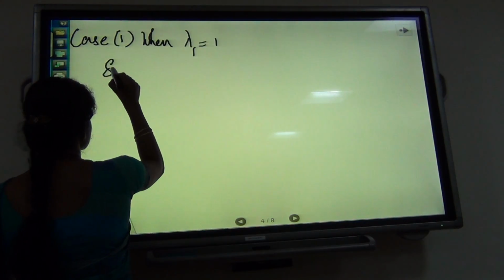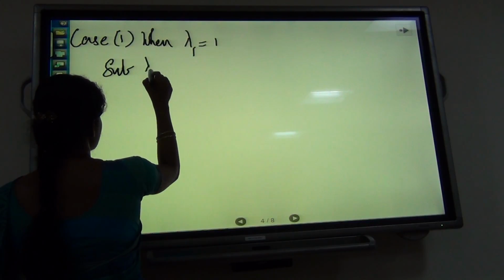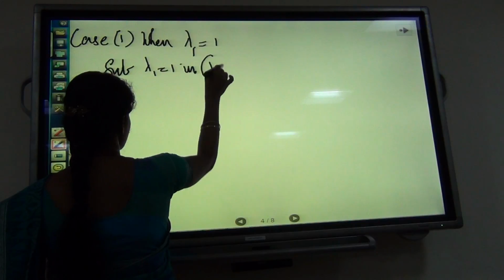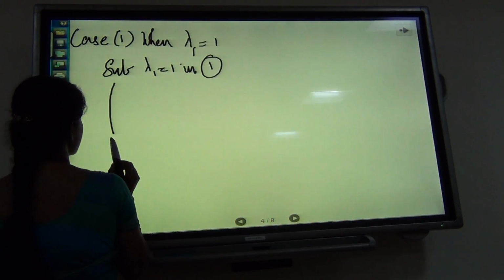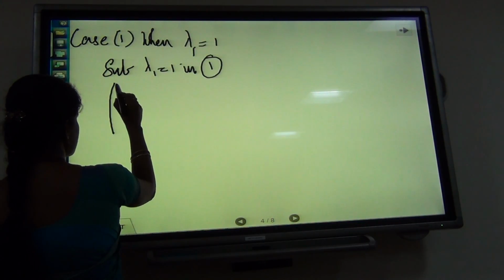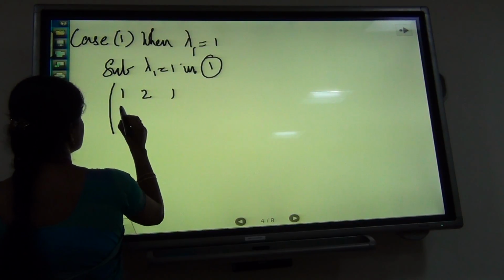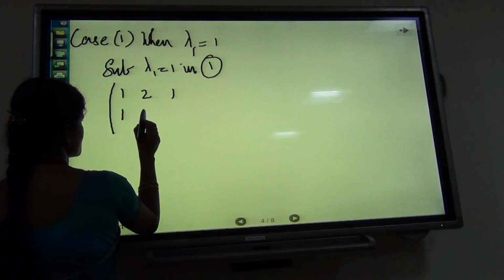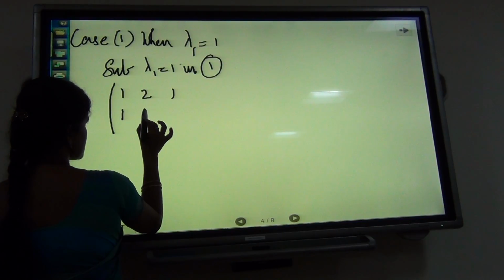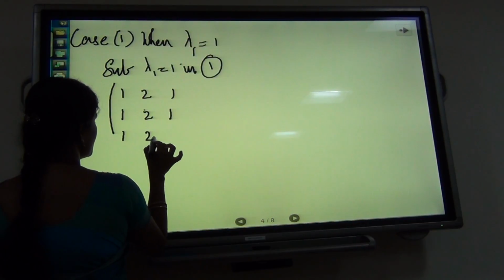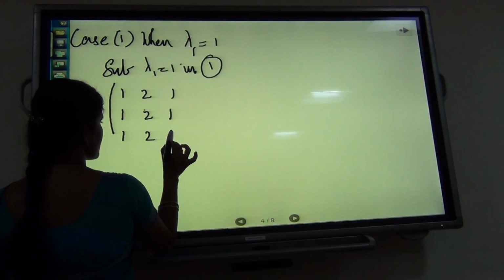Substitute lambda 1 equal to 1 in the first equation. So what will you get? Actually it is 2 minus lambda, so you will get 1, 2, 1. Here you are supposed to have 3 minus lambda, so it is 2, 1, 1, 2. And 2 minus lambda, so it is 1.